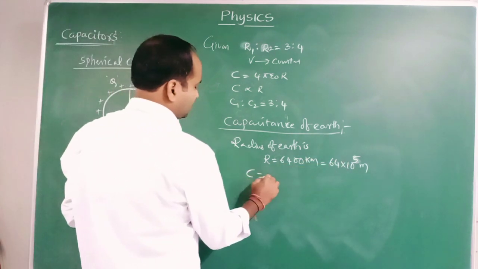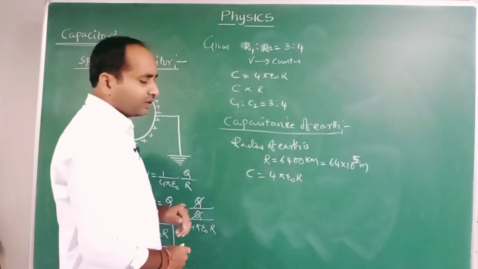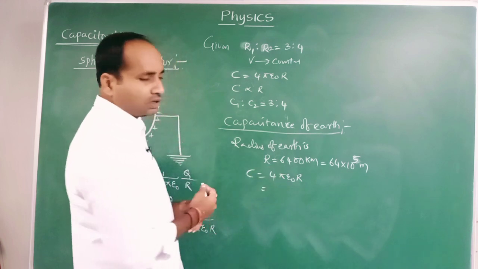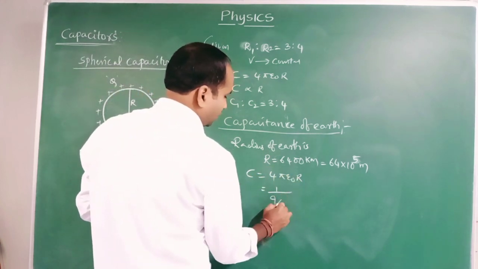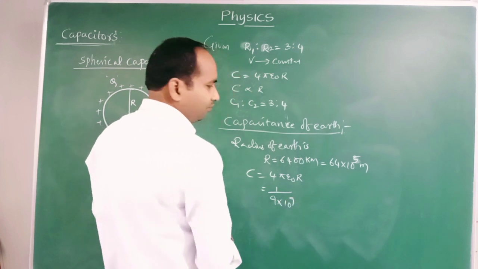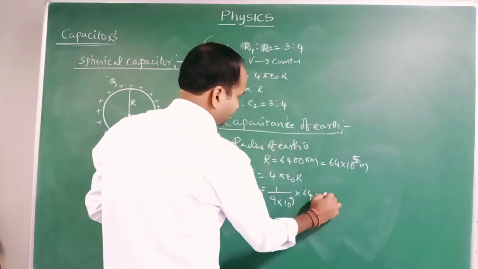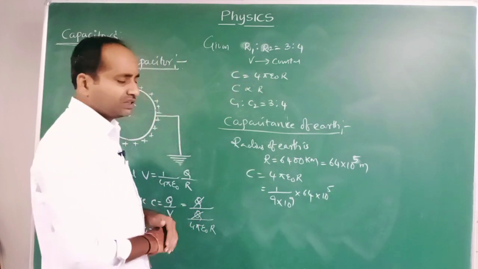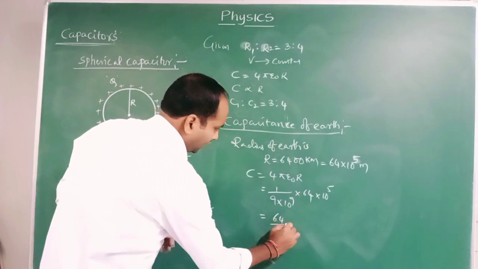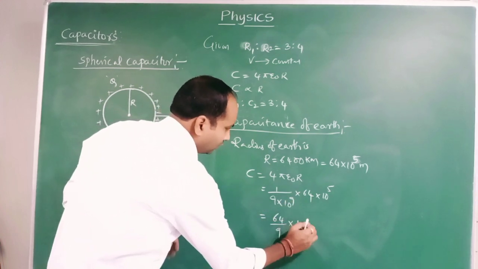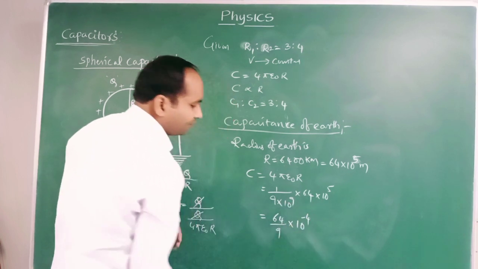What is the capacitance? C is equal to 4 pi epsilon naught R. We know that 1 by 4 pi epsilon naught is 9 into 10 power 9. So 64 into 10 to the power of 5 divided by 9 into 10 to the power of 9 gives 64 by 9 into 10 power 5 minus 9, which becomes minus 4.